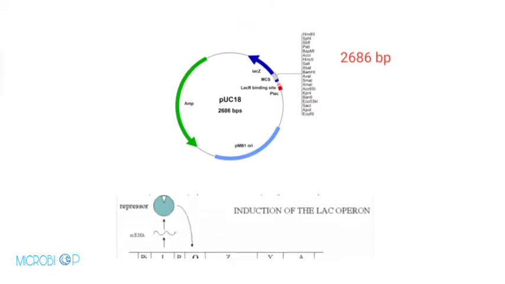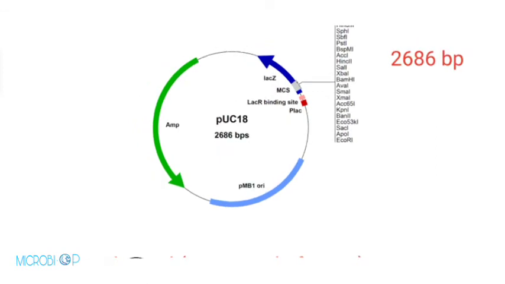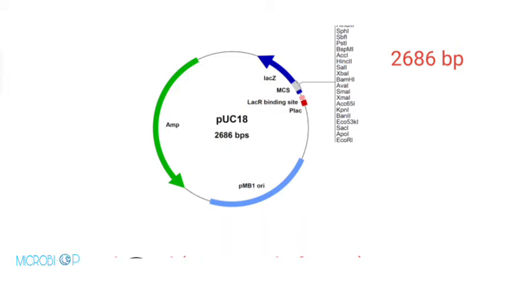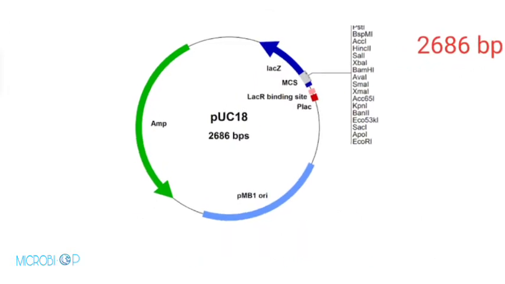Now what kind of derivative is pUC18? pBR322 has been modified and pUC18 has been made.